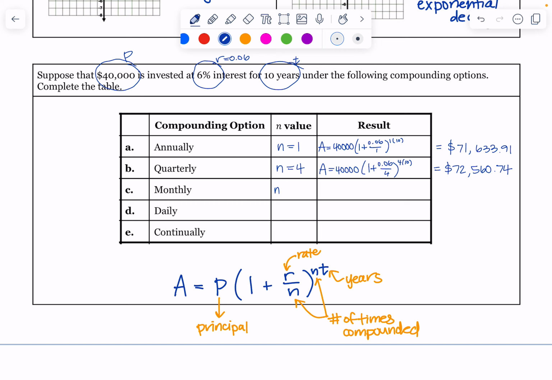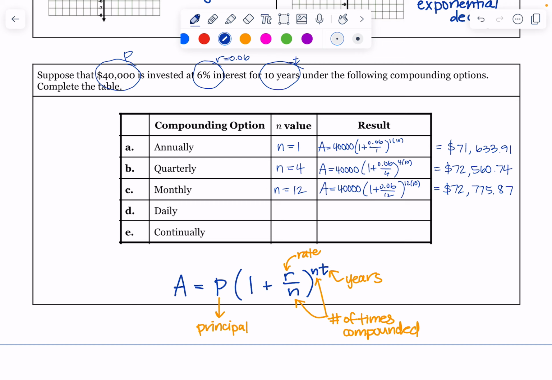Monthly, that's going to be 12 for our N. So we have A equals 40,000 times (1 plus 0.06 divided by 12) to the 12 times 10. Let me type that in carefully. And for that one, I'm going to get $72,775.87.